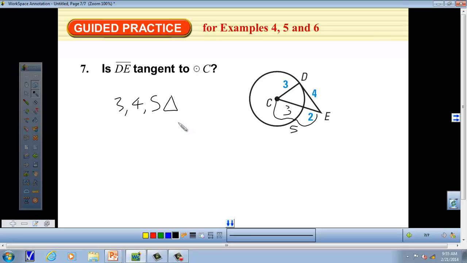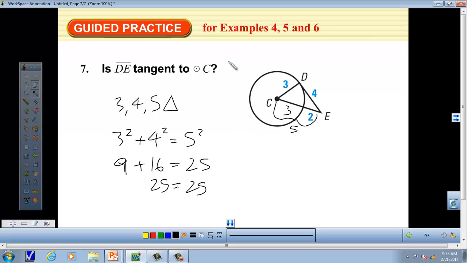If you don't recognize that, you have to do 3 squared plus 4 squared equals 5 squared and do all the work for that. So you'd get 9 plus 16 equals 25, or 25 equals 25. So the answer here would be yes. And you can either remember that it's a 3, 4, 5 triangle or do this work.